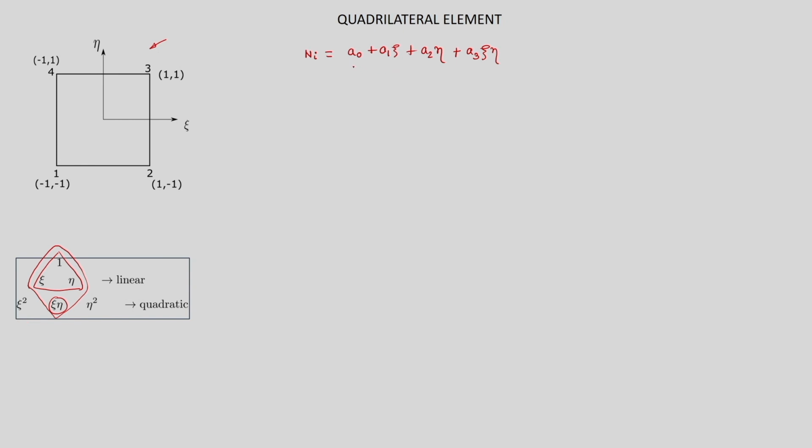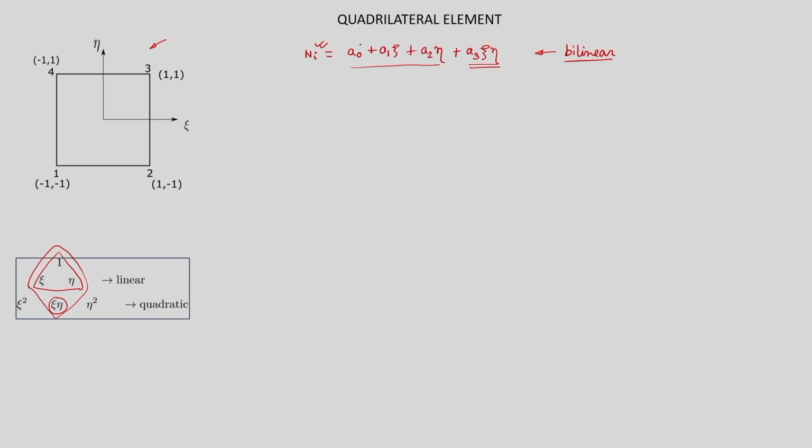Now if I say linear, then up to this it is complete, but when we add this, it becomes bilinear, because when xi is constant, Ni is linear in eta, and similarly when eta is constant, it is linear in xi. So this is called bilinear.